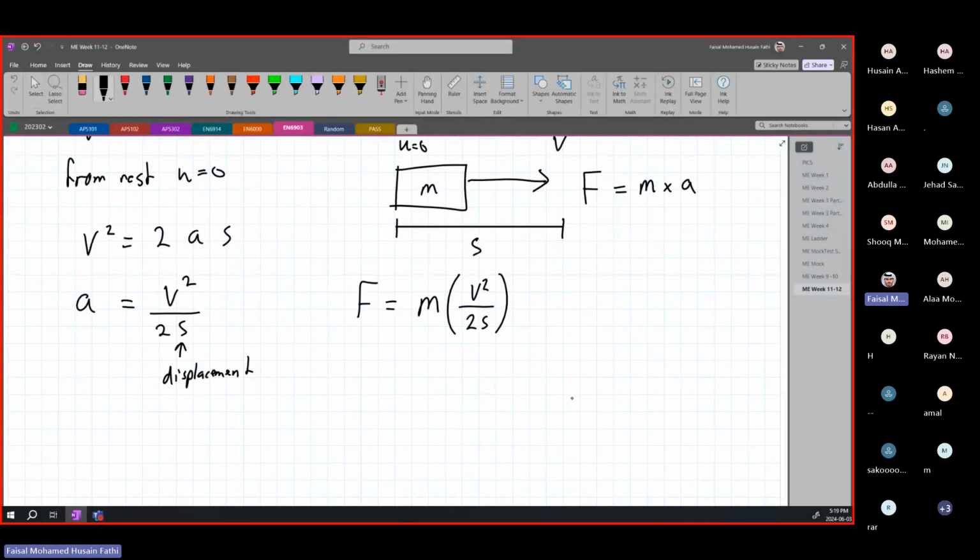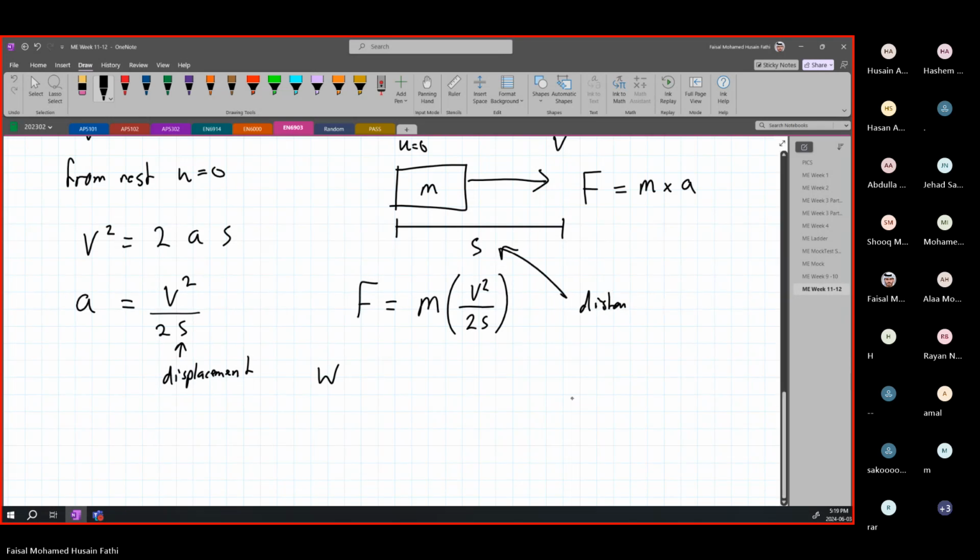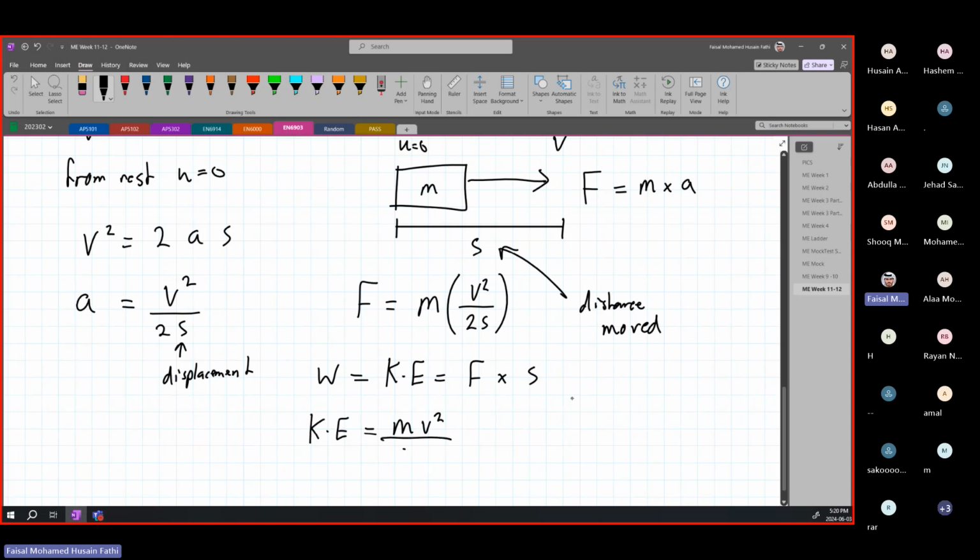So this s is our distance moved, which is displacement. So our work is going to be equal to what we know as our kinetic energy in this case, which is going to be the force times the distance s. In other words, kinetic energy is equal to the force, which is mv squared over 2s, times s.